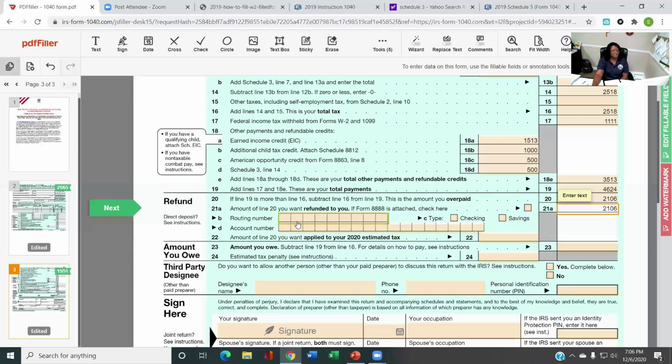So you put the information here, the routing number, and it's always going to be 9 digits, whether it's checking or savings. So let's put the routing number.